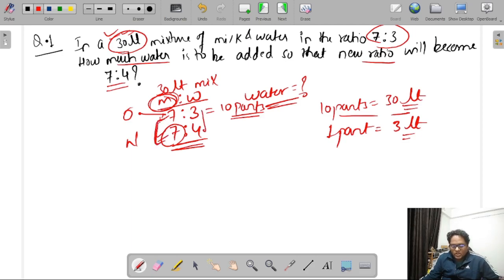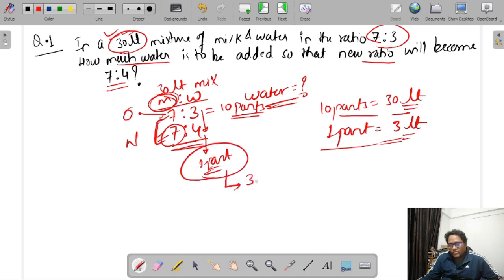The only variable here is water, which goes from 3 parts to 4 parts. The difference is 1 part, and we have calculated that 1 part is equal to 3 liters. So if we add 3 liters of water to the original mixture, we'll have milk and water in the ratio 7:4. This is the final answer.